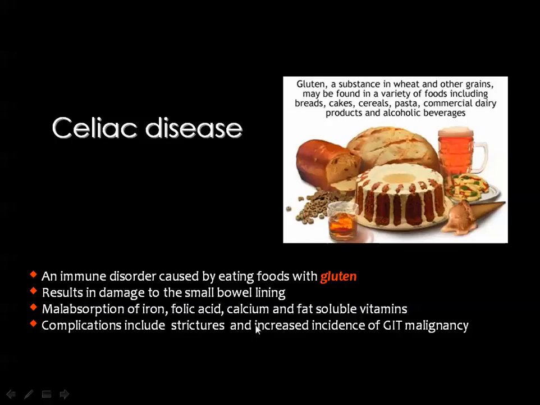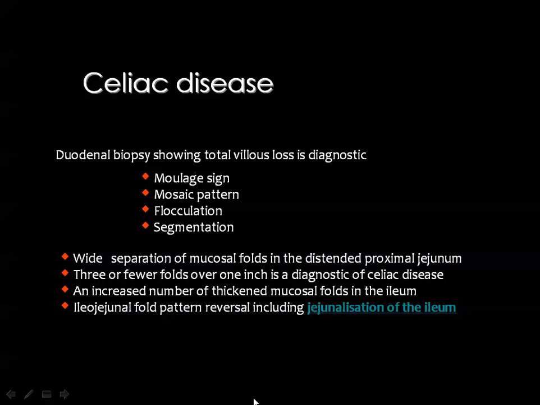This disease will result in damage of the small bowel mucosa, and there will consequently be malabsorption of iron, folic acid, calcium, and fat-soluble vitamins. Complications will include strictures in the small bowel, and of course the increased incidence of malignancy.